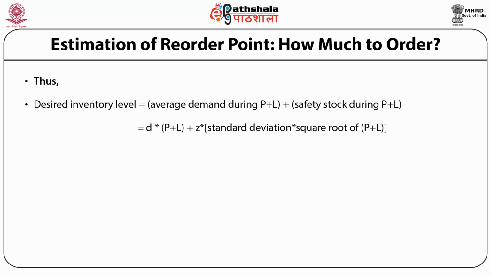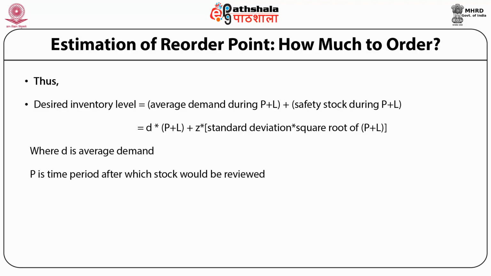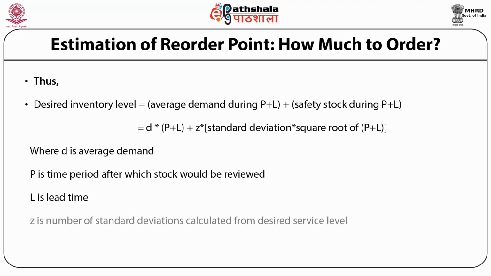Thus, desired inventory level equals average demand during P plus L plus safety stock during P plus L: D into (P plus L) plus Z into standard deviation into square root of (P plus L), where D is average demand, P is the time period after which stock would be reviewed, L is lead time, Z is the number of standard deviations calculated from the desired service level, and standard deviation is the deviation in demand D.